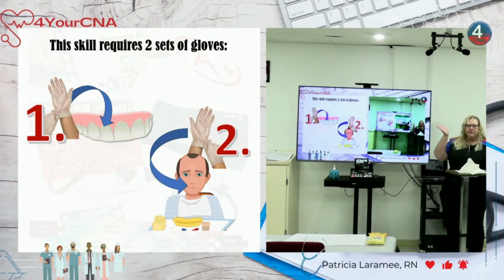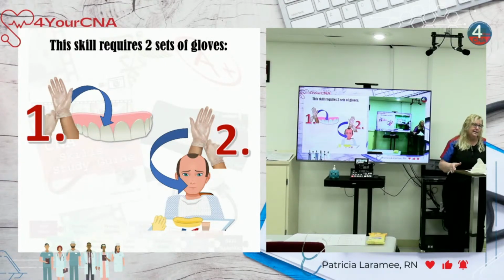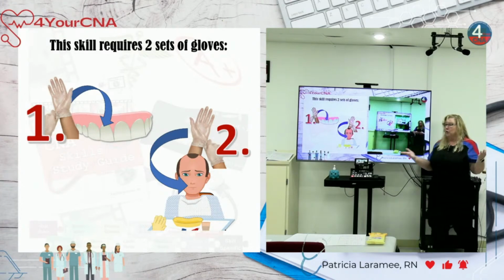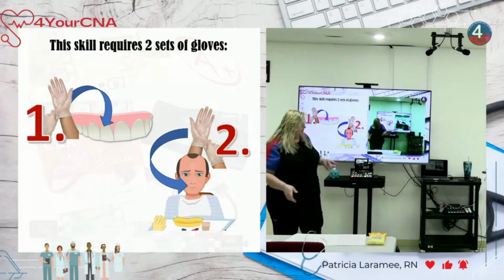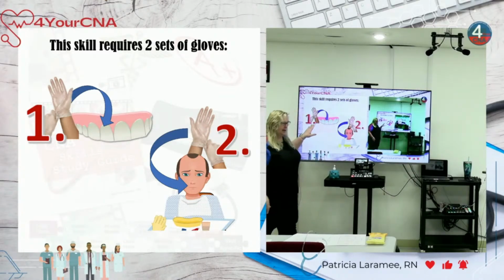But we don't just have to clean the dentures. We also have to clean the mouth the dentures came out of. To do that, we're actually going to need 2 sets of gloves for this skill, which gets a little confusing for students because this is the first time that we've really had to focus on this. So the first thing we're going to do is clean the dentures. We put our gloves on, we're at the sink, we clean the dentures, take care of all that.